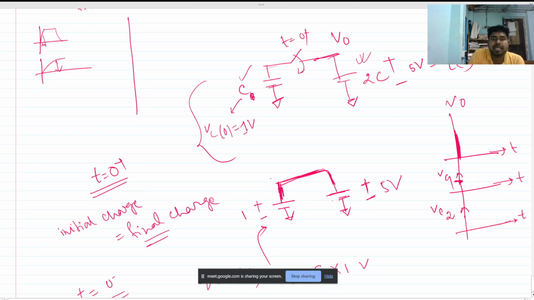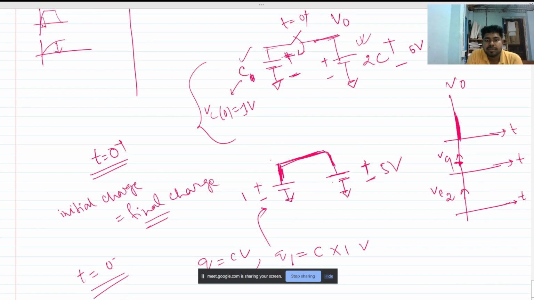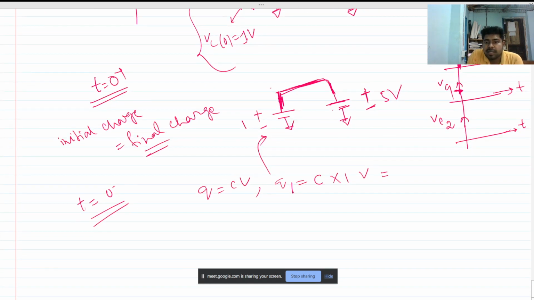Please mind the direction of the polarities: we have to maintain plus, minus on this one and plus, minus on this one. If we do minus, plus and plus, minus, the calculation will get corrupted. Q2 was 2C into 5 volts, so this was 10C. The total Q was C plus 10C, nothing but 11C. This was the initial charge.